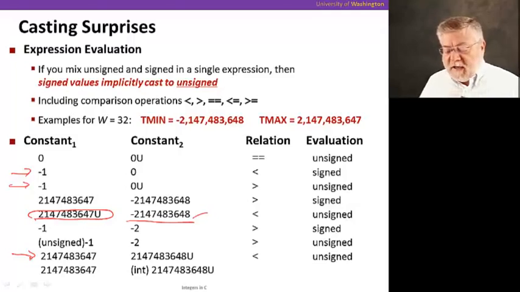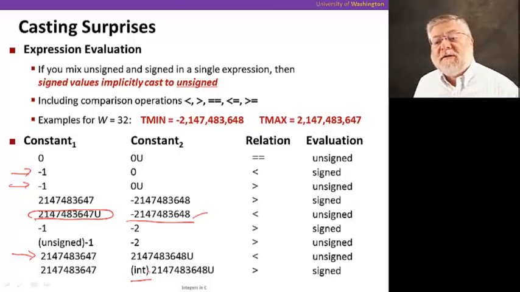Now, if instead we cast that unsigned number as an integer first, reinterpret the bits, well, that number turns out is just large enough to have that most significant bit set to 1. So when we interpret it as an integer, it's going to look like a negative number. And in this case, we would expect the opposite result when we compare them as signed values.